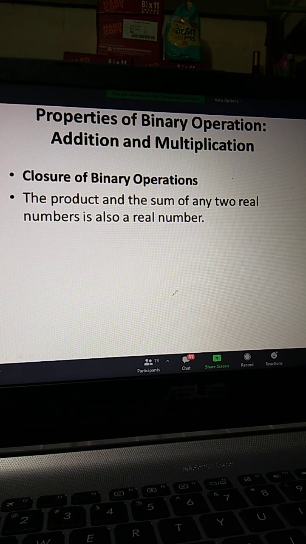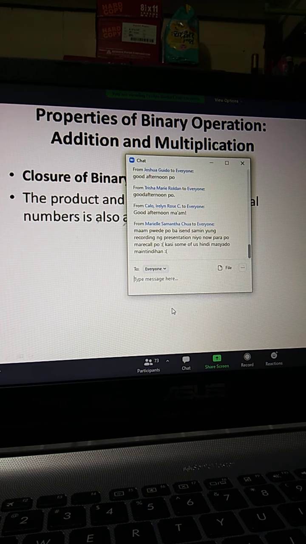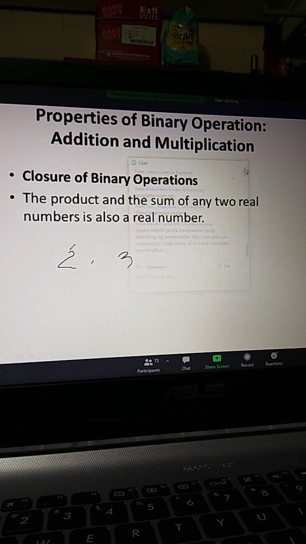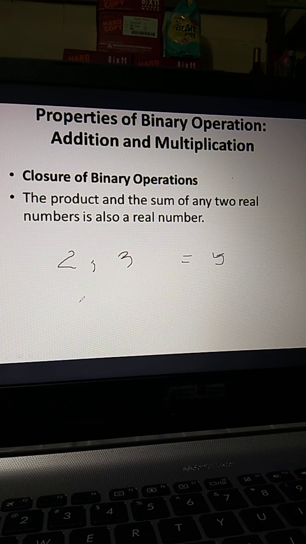Okay, 2 and 3 are counting numbers. So 2 plus 3 is equal to 5. 5 is a counting number. 2 times 3 is equal to 6. And 6 is also a counting number. Therefore, this is closed under binary operations.